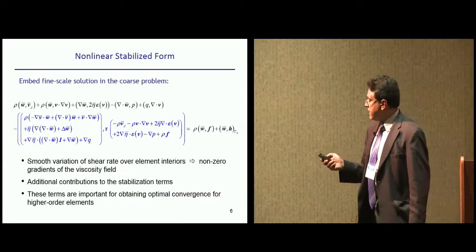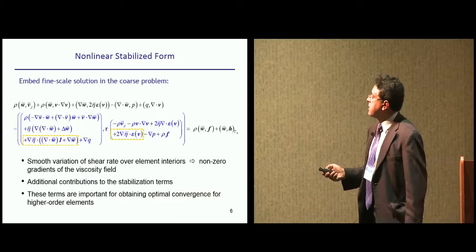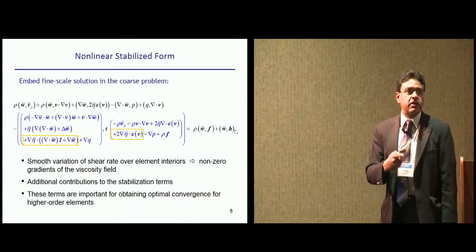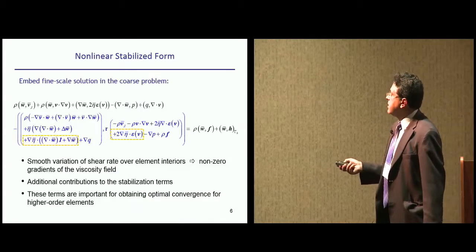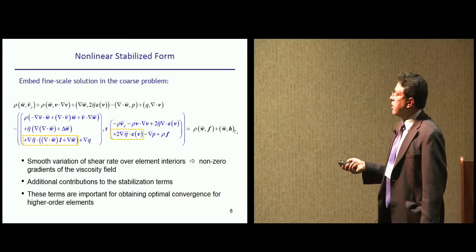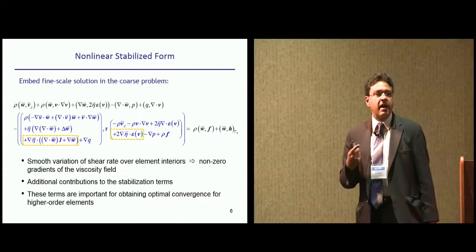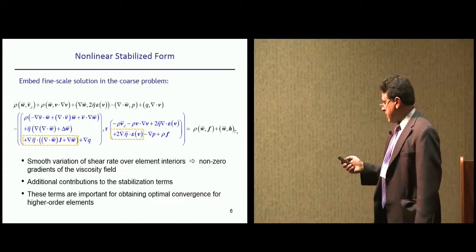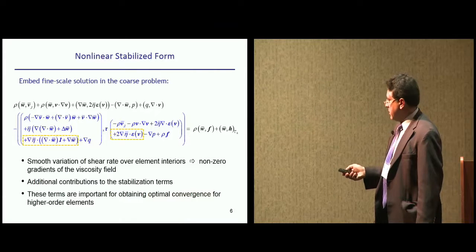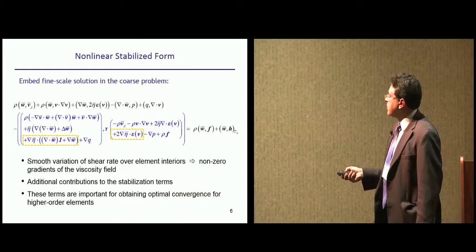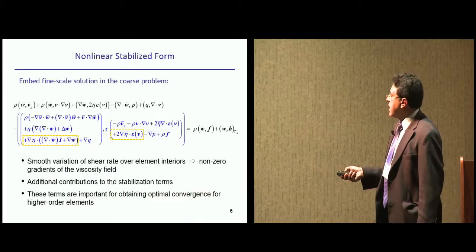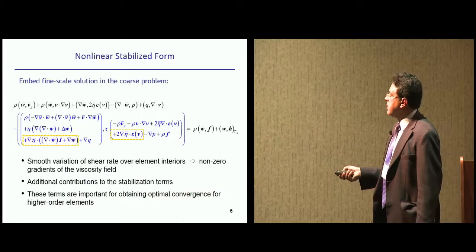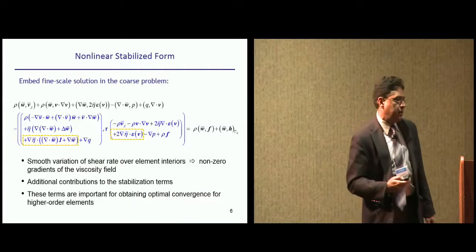And in these stabilizing terms, we have these two terms that have now appeared for the case of non-Newtonian fluids, and they are representing the effects of the fine scale viscosity evolution. As I mentioned, these are additional terms that contribute to the stabilization, and these terms are important for obtaining optimal convergence and solutions that are physics-based.